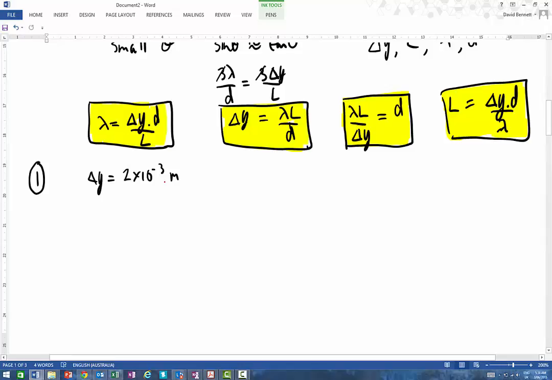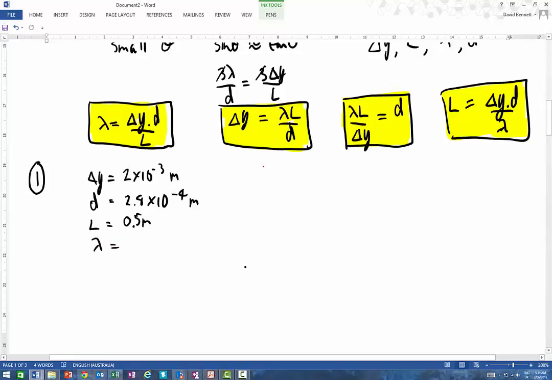Right, and then I've got my slit separation here, which is equal to 2.8 by 10 to the minus 4 meters, and I know this distance to my screen is in fact 50 centimeters, which is 0.5 of a meter. In that case, what I'm trying to do is work out my wavelength.